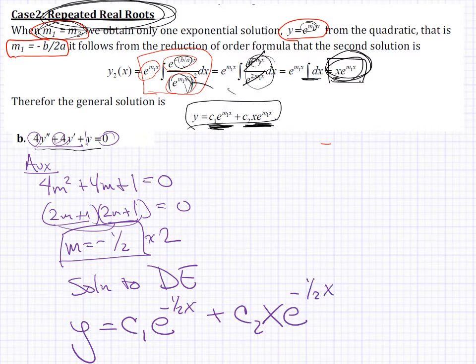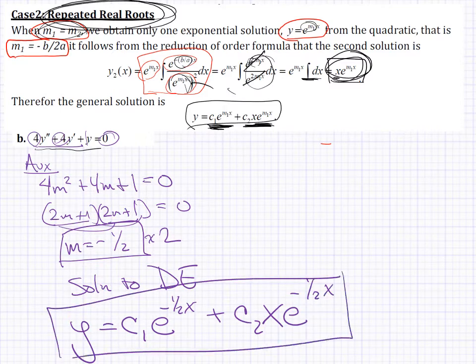There's your second solution. And therefore, this is your general solution to the differential equation. Again, pretty easy, as long as you know what to do when you get to this scenario.